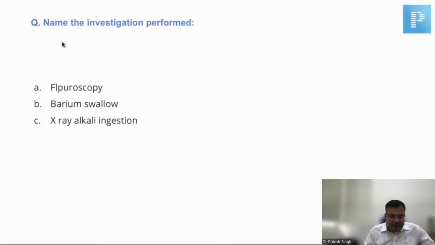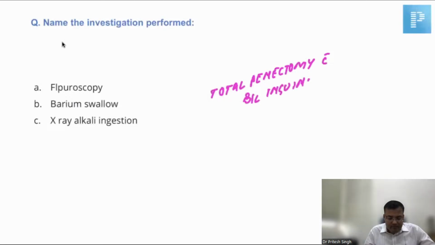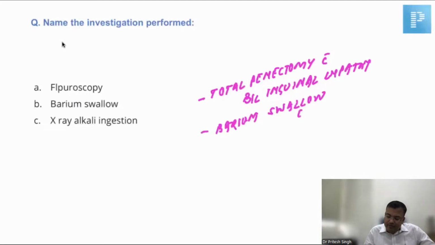Total penectomy with bilateral inguinal lymphadenopathy. Okay, there was total penectomy, right? Okay, it was barium swallow image after alkali ingestion.